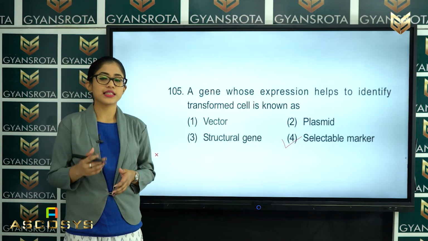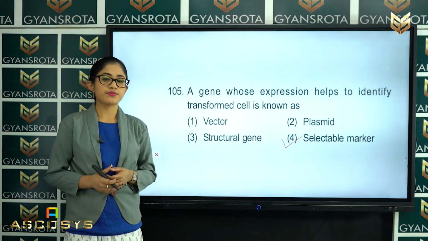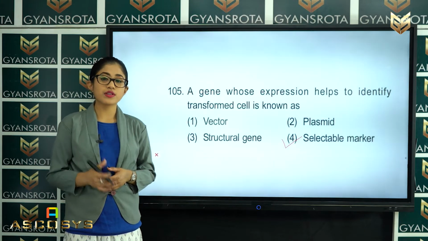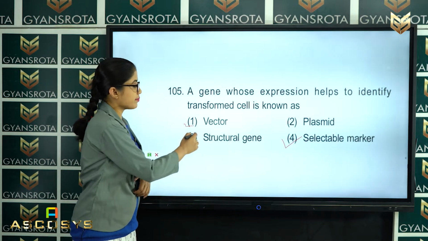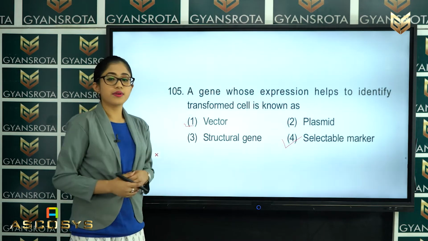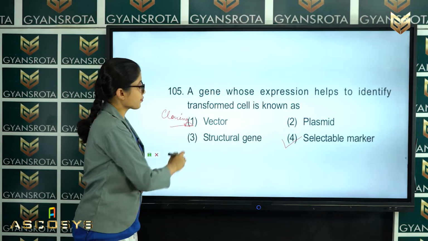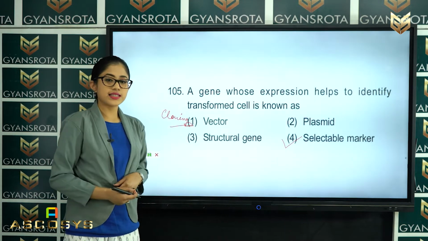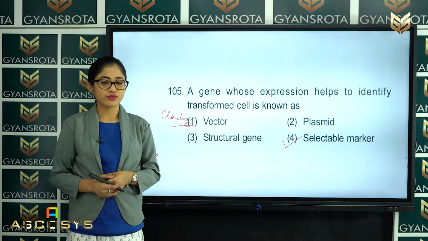We have the selectable markers in the chapter Biotechnology: Principles and Processes. There we have discussed the cloning vectors, right? So the vectors, plasmid and selectable marker are parts of the cloning vectors. So which among them is the correct answer? That is option number 4. Now let us see the next question.